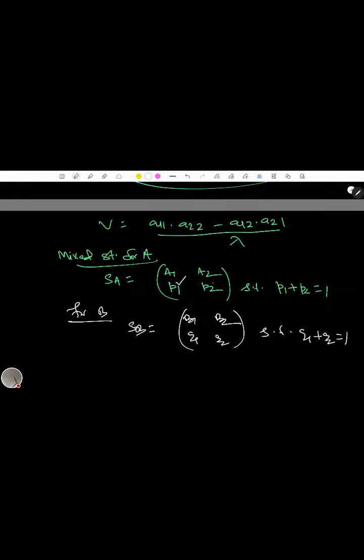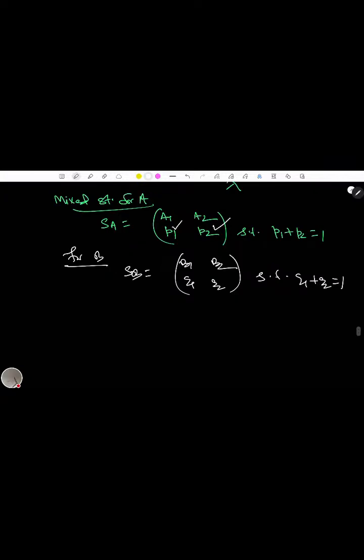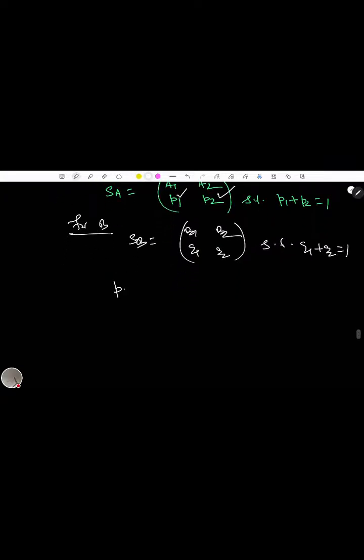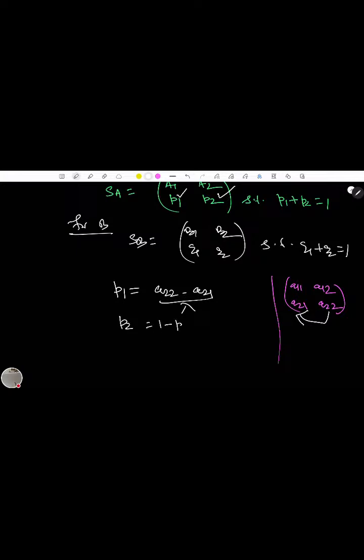Now we have to know what P1 and P2 are. The formula for P1, with the given matrix a11, a12, a21, a22, is a22 minus a21 divided by lambda. Then P2 is 1 minus P1.